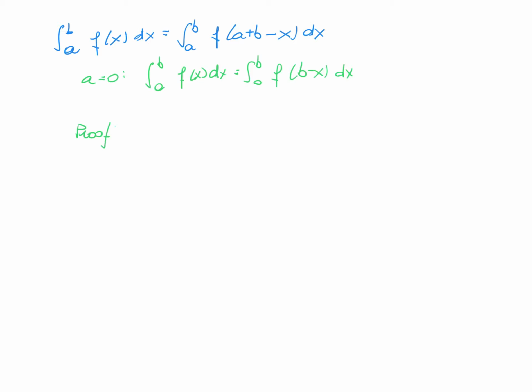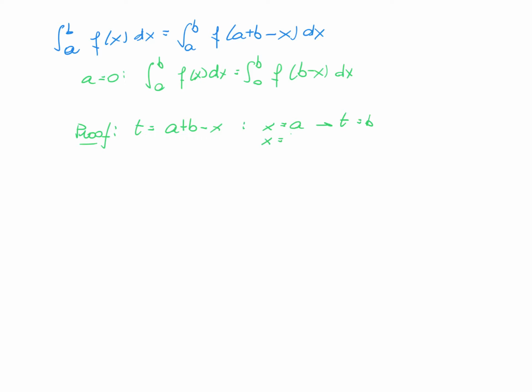For the proof, we do the same thing, so we also do a substitution, but now we set the substitution t is equal to a plus b minus x, because this is what we have in the right hand side. So with this substitution we can look at the limits of integration. If x is equal to a, then t is equal to b.